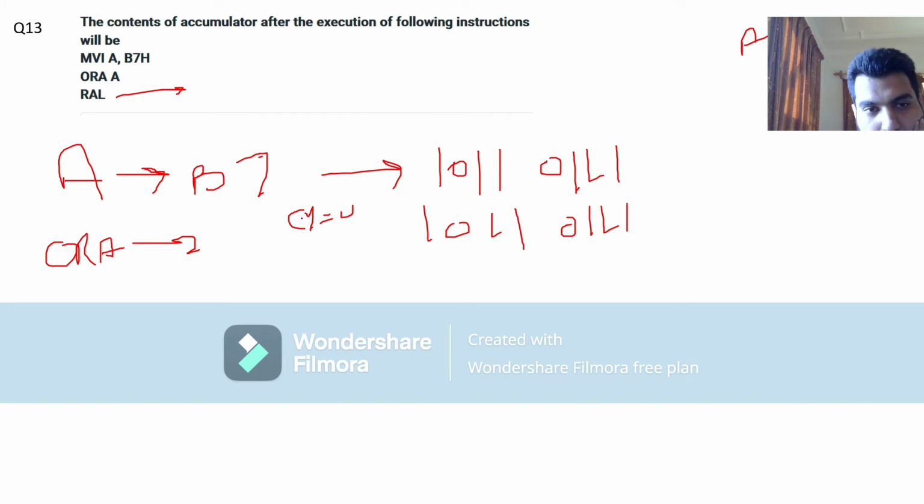So this will propagate like this after the RAL. The 0 will go here, and the 1 will go to the carry flag.